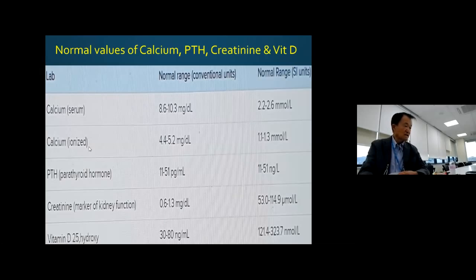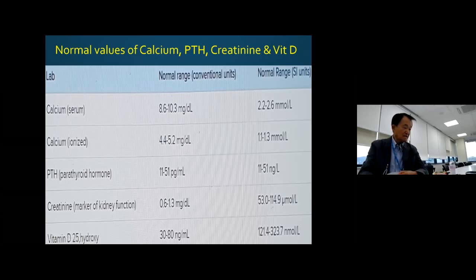So in clinics, we usually measure serum calcium, which should be less than 10.3. Anything above 10.5 is hypercalcemia. And then we usually measure parathyroid hormone, in picograms, which is usually less than 50.